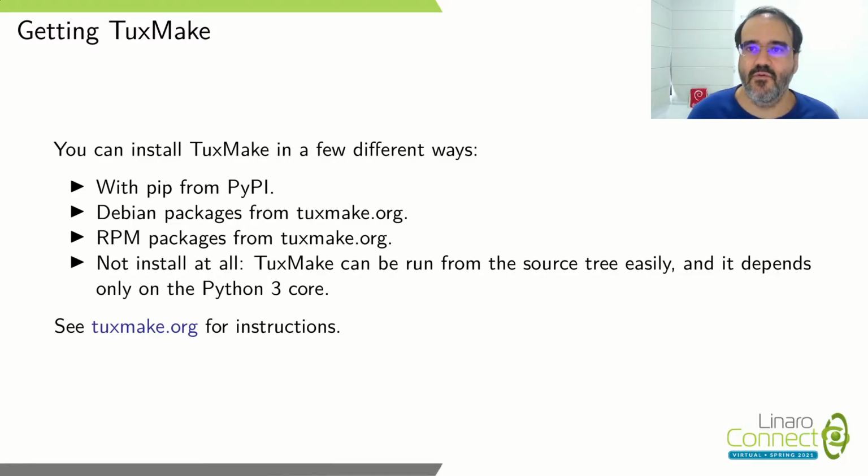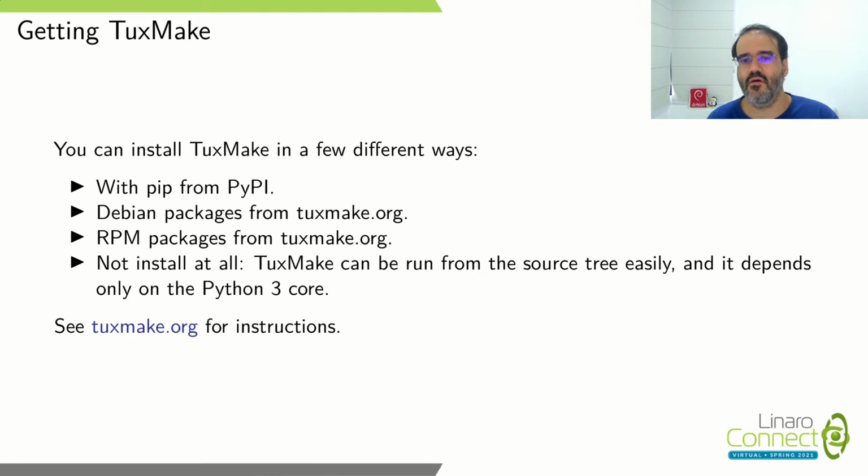Getting TuxMake is very easy. There are a few different ways you can do that. You can use pip and install the Python package from the Python package index, or you can install a Debian package or an RPM package that are provided on TuxMake.org. And you can also not install TuxMake at all.